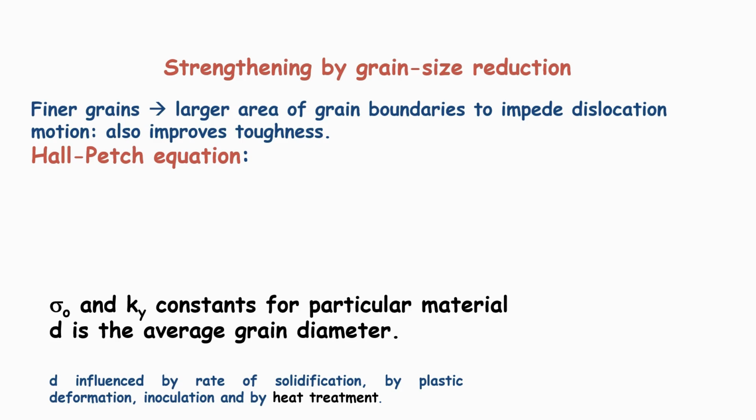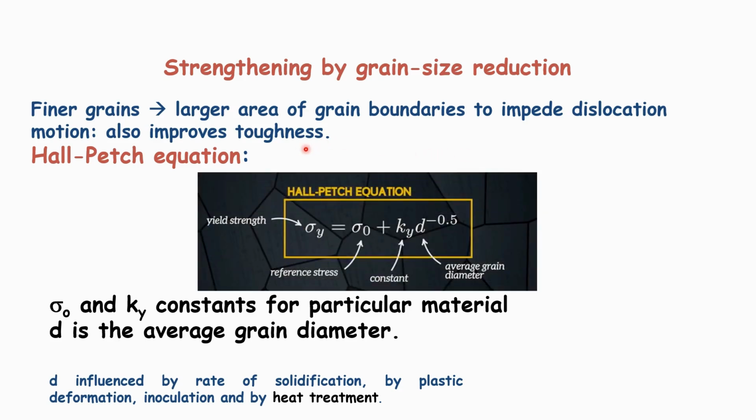And this is captured in the Hall-Petch equation, like what we have here. So this is the Hall-Petch equation where sigma sub y is the yield strength, sigma sub naught is a reference stress, k sub y is a constant, and d is the average grain diameter, and d is influenced by the rate of solidification, by plastic deformation, inoculation, and also by heat treatment.